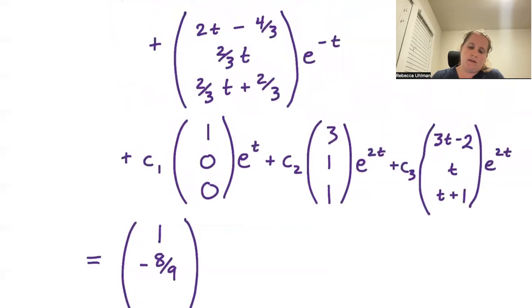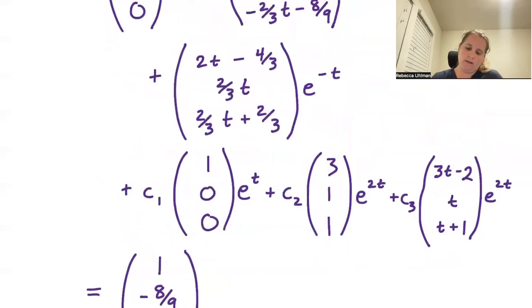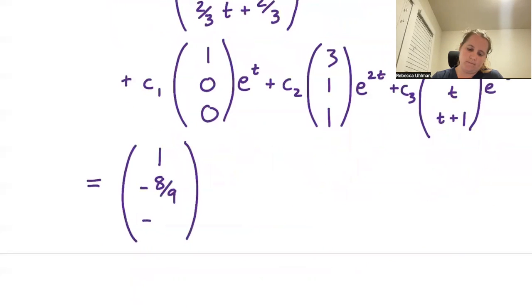And then a negative 2/3 t and a positive 2/3 t cancels out, and a negative 8/9 plus 2/3 would be a negative 2/9. All of this times e to the negative t.